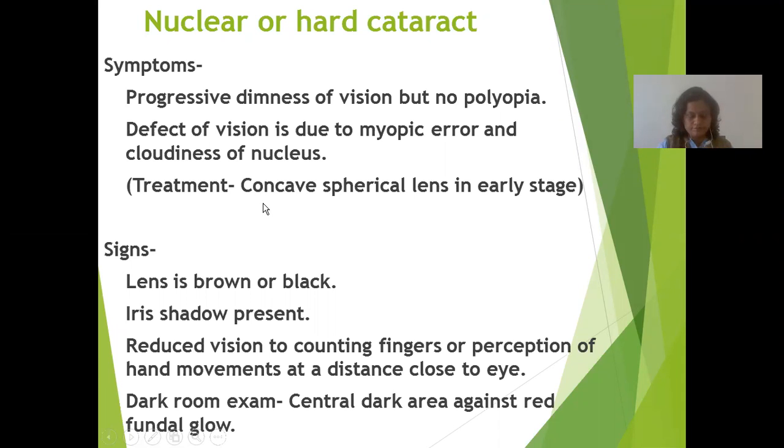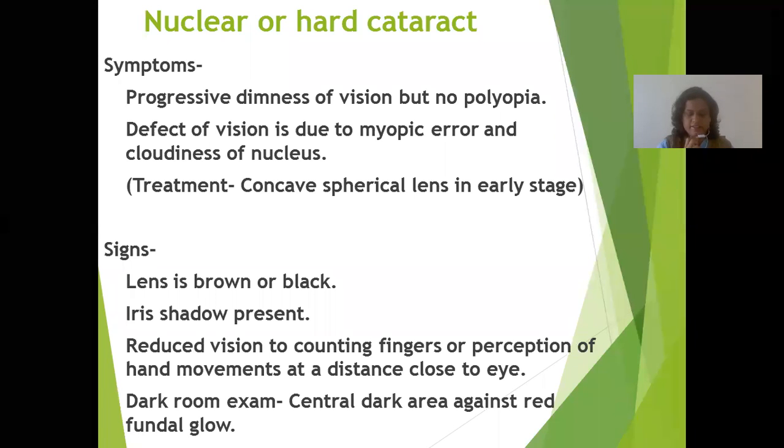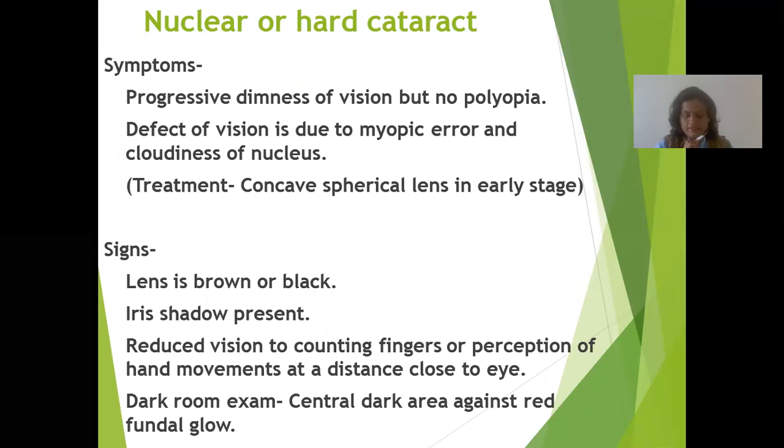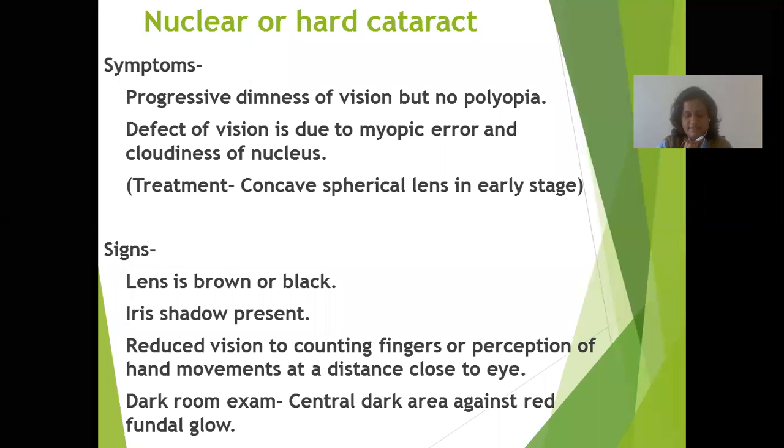A gradual impairment of vision for distance is initially due to progressive myopia owing to increased refractive index of the nucleus, that is the index myopia, and this myopia neutralizes the plus power of presbyopia. Hence, a patient who was using presbyopic glasses for reading is able to read better without any glasses when the nuclear sclerosis sets in. This is felt as an improvement of vision by the patient and is termed as second sight.